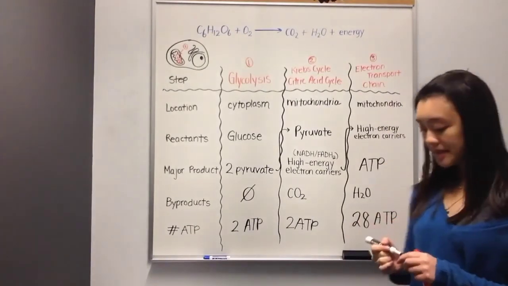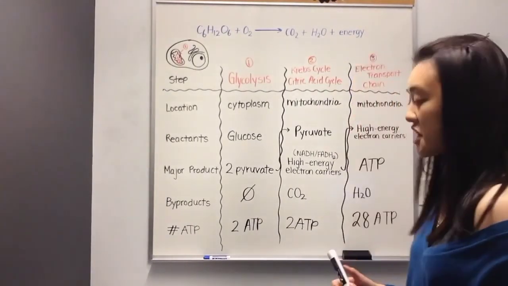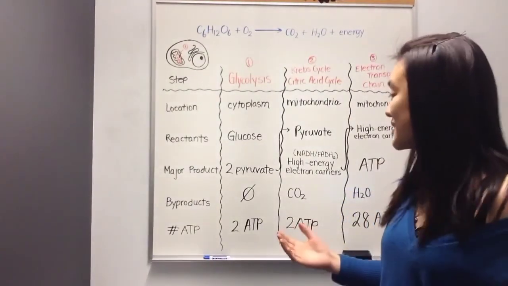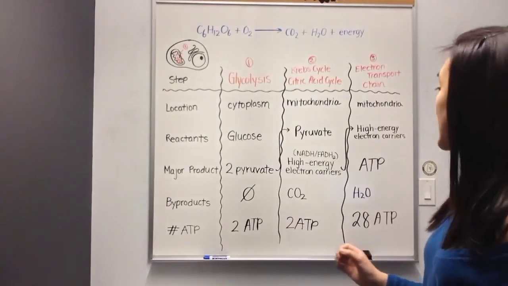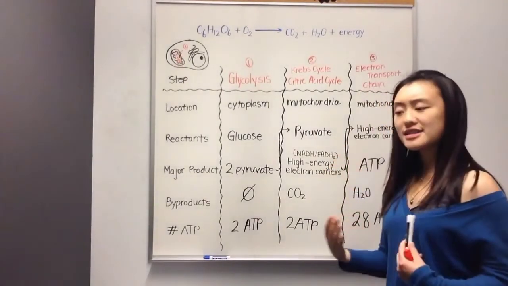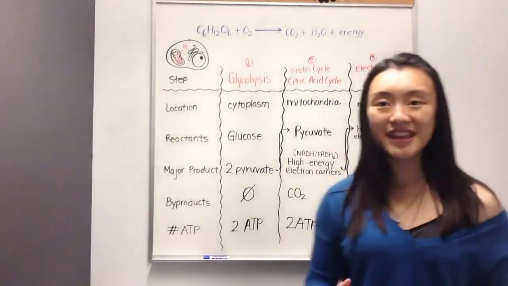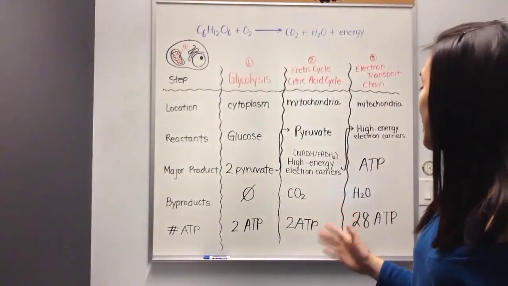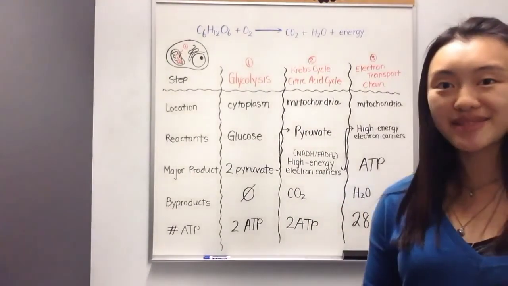Some sources may say that you are producing 30 or 32 ATP molecules, and the answer is it really does depend. It depends on whether you are using NADH or FADH2, the high-energy electron carriers that are involved in the reaction. For the most part, however, you will see 28 ATP.